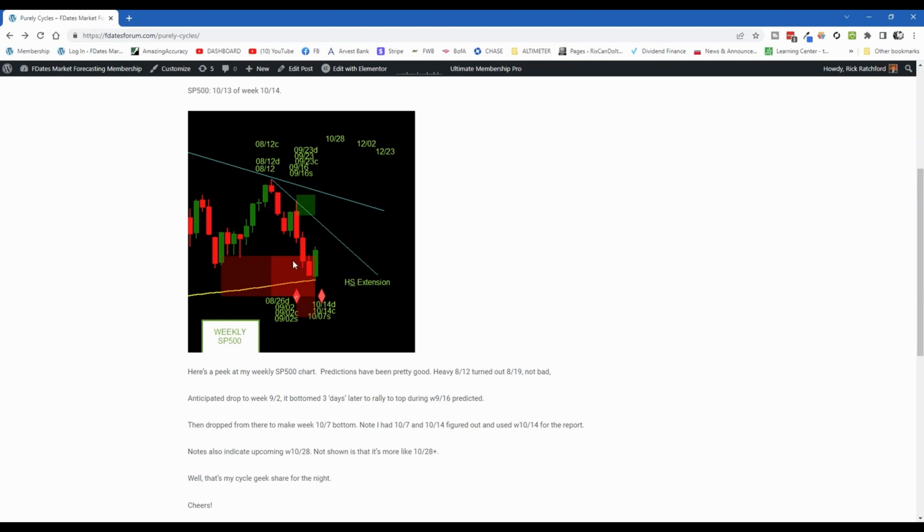Okay, and then I calculated that prices would likely move down into the 8/26, 9/2 period here. So it moved down into this period here, as you can see. Then I figured it would move up to the 9/16, 9/23 period. And these little letters are just reminding me of what method or technique I use to derive this value.